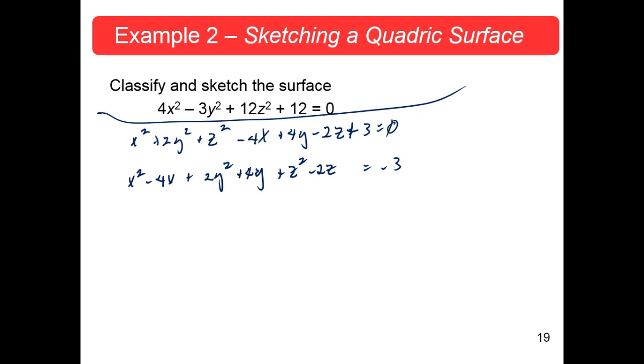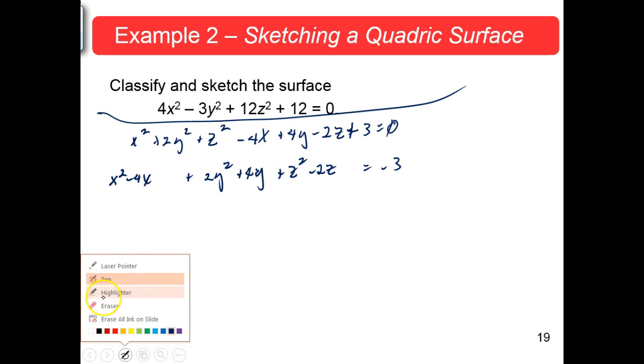Now, it was something I was sort of trying to do, didn't get it done well. So I'm going to go back and regroup a little bit. Okay, this is x squared minus 4x, and 2y squared plus 4y.